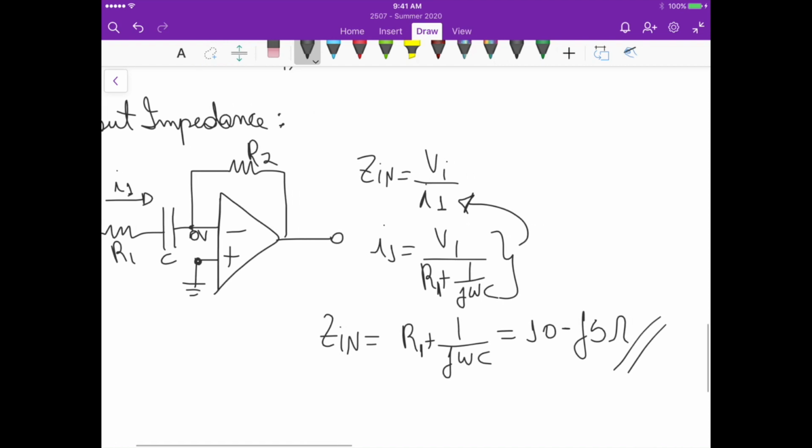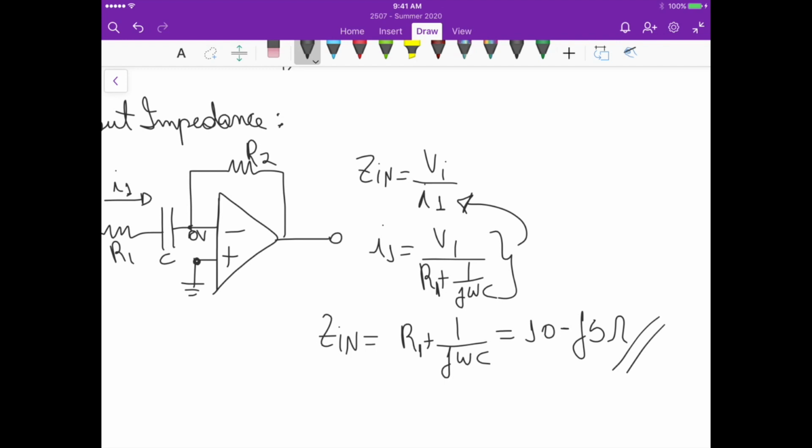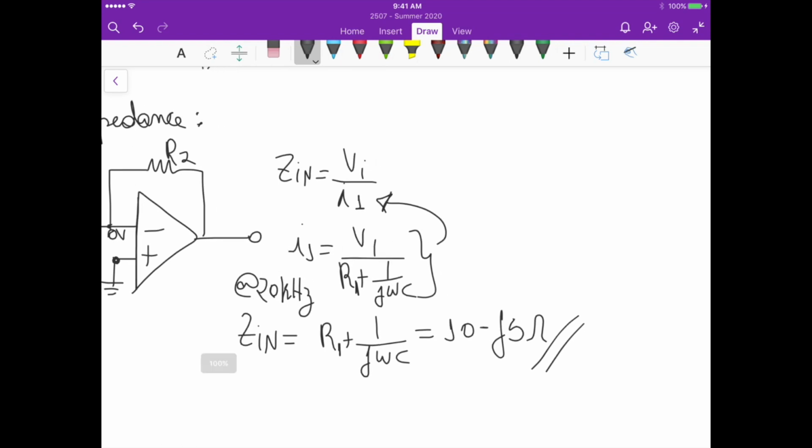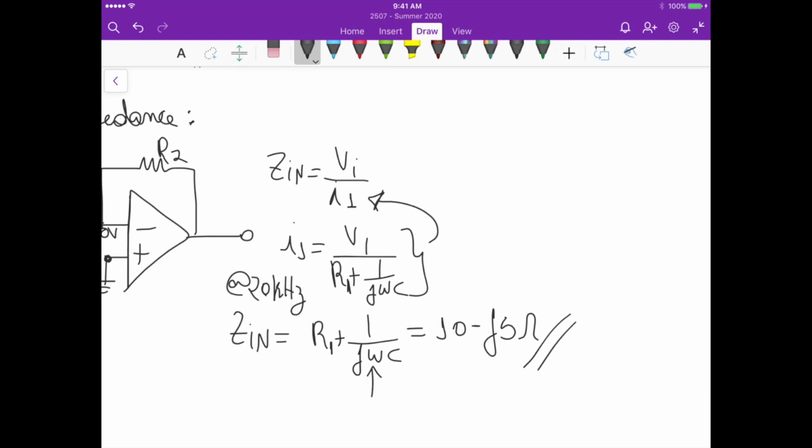So if we plug in the values of R1 as 10, we need to define the input frequency at 20 kilohertz. So at 20 kilohertz, this one is 2 pi times 20k hertz, and this C here is 1.59 microfarad. This gives us 10 minus j5.